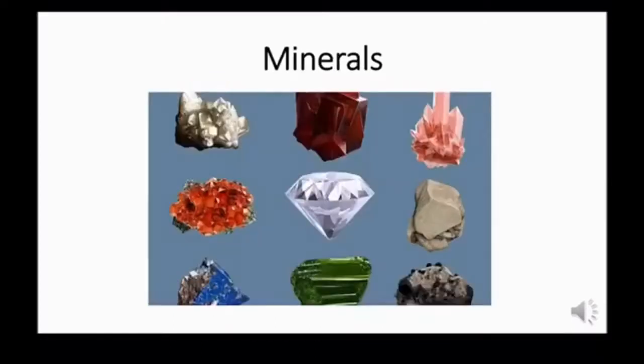A mineral is one kind of non-living thing that is found in nature also. Minerals are usually found in rocks. That means we get minerals from rocks. Copper, iron, and diamonds are examples of minerals.